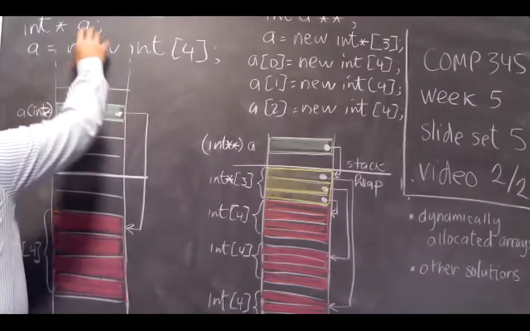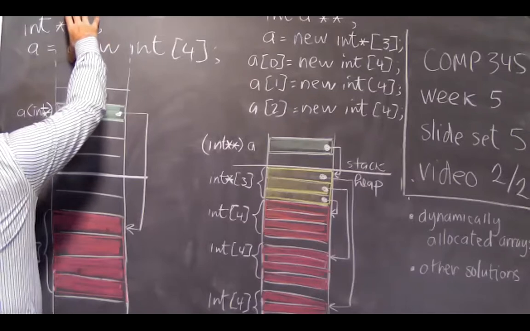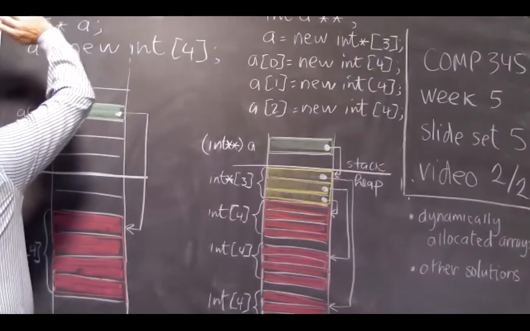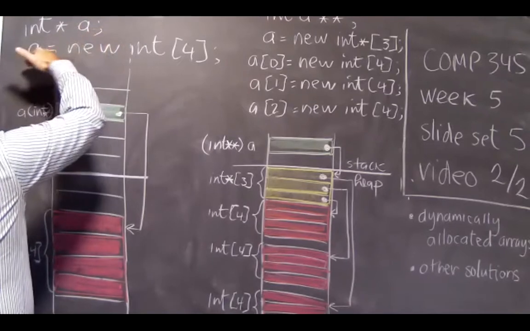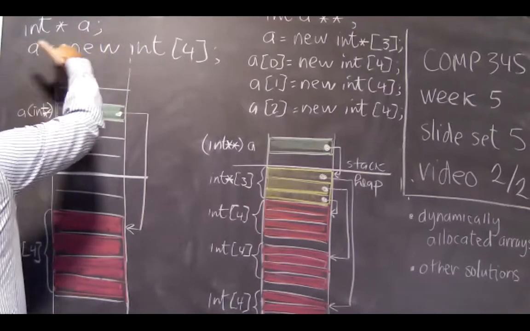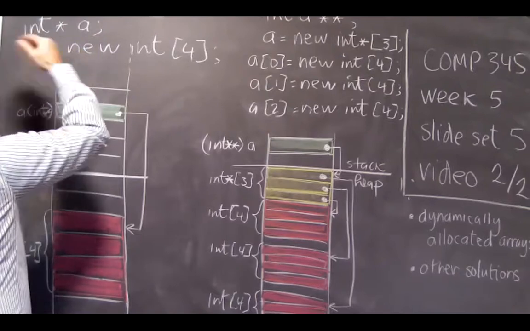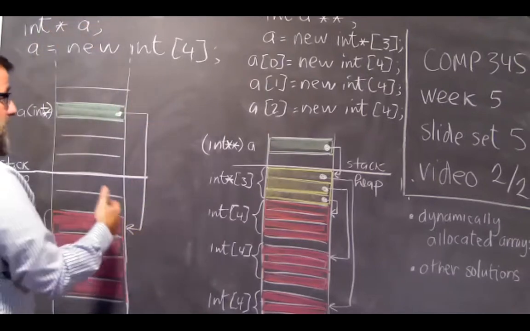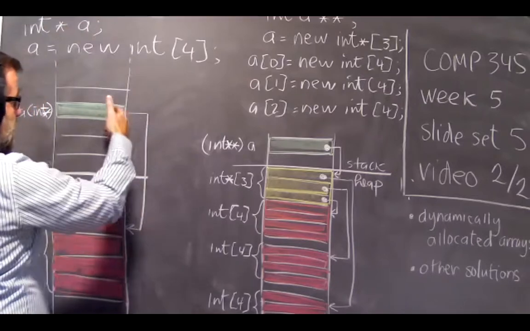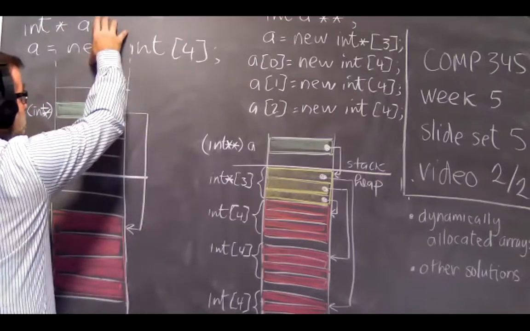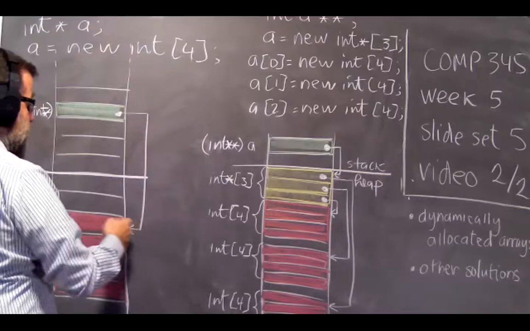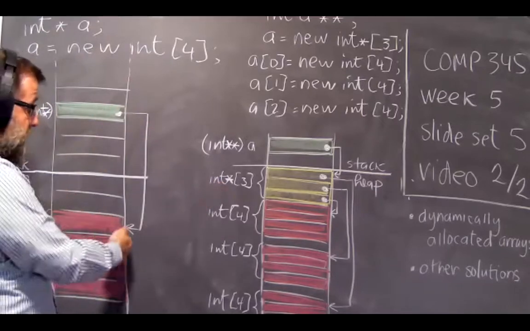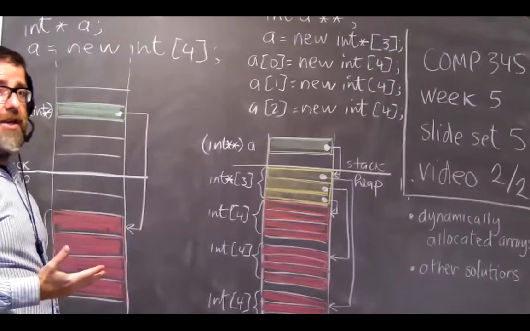So to repeat, if this is in a function and it does not return the pointer, then if you get out of this function before you actually delete it, this would be a memory leak, because the pointer is local to this function. There's only one pointer to this, so you basically lost the only pointer to it, and that becomes a memory leak.